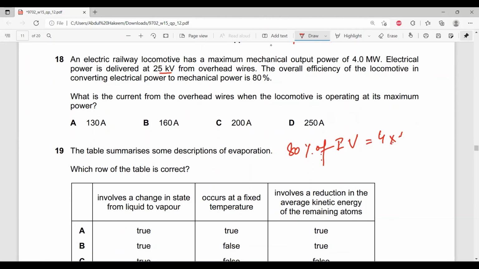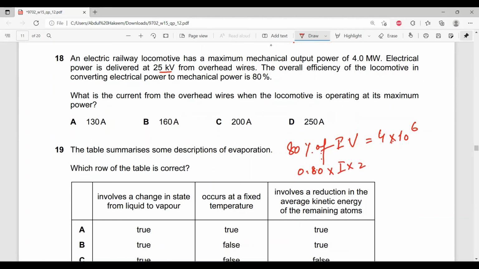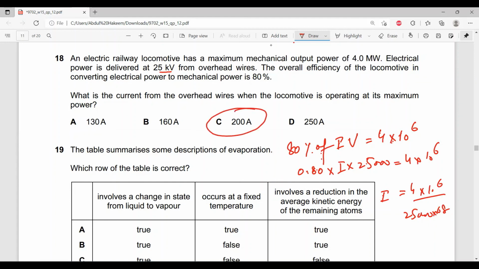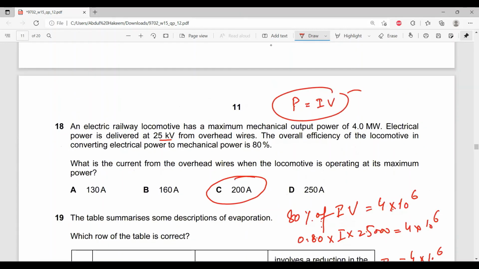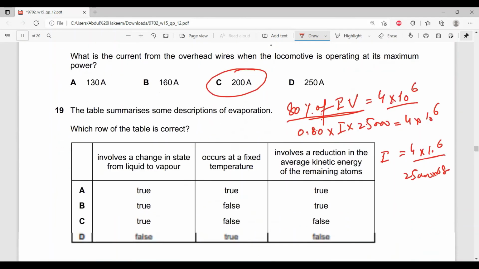And 4 mega means 4 into 10 power 6. So we will write 0.80, multiply by current required, multiply by voltage 25,000 is equal to 4 times 10 power 6. So the current is equal to 4 times 10 power 6 divided by 25,000 divided by 0.8, and after calculation, the answer is coming C. Because input power is IV and 80% of the input power is equal to output. So 80% of the input power is this, you can calculate, and power is IV.